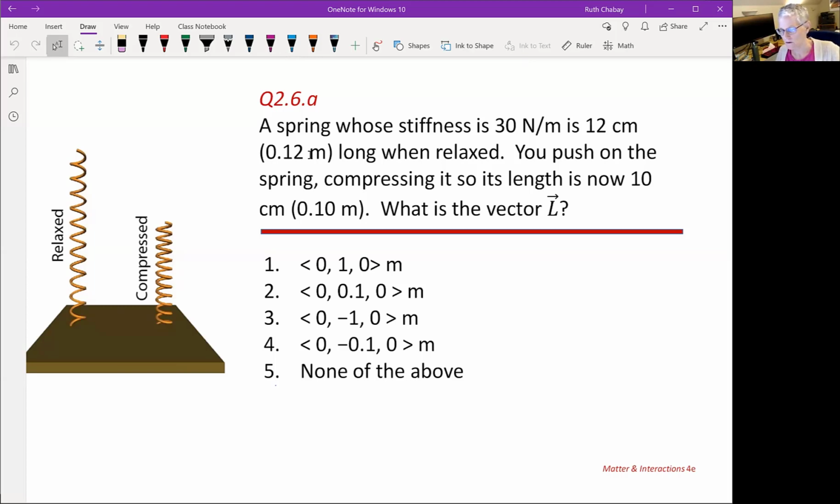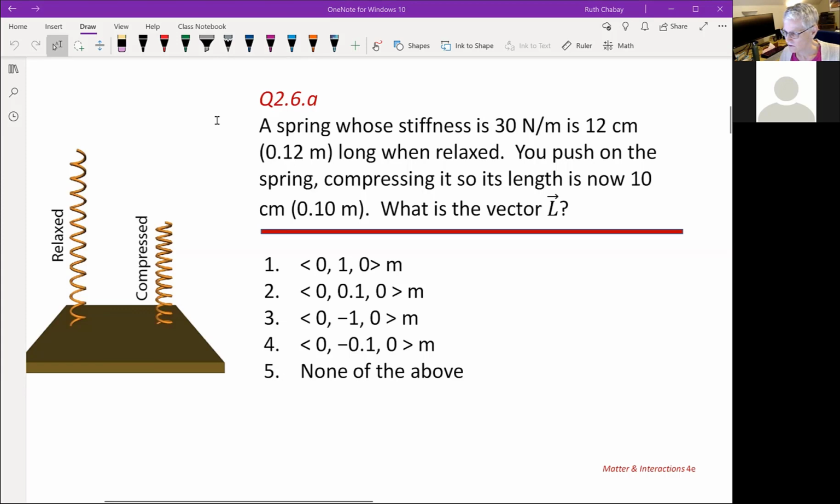Not the unit vector, but the vector L. L hat is a unit vector in the same direction as L, but this is actually asking for the vector L. So think about how L was defined. Where does it start? Where does it end?